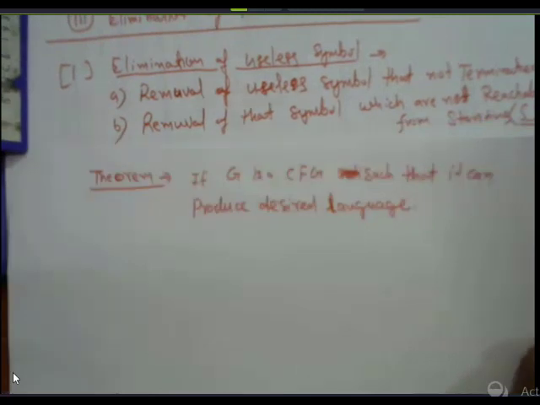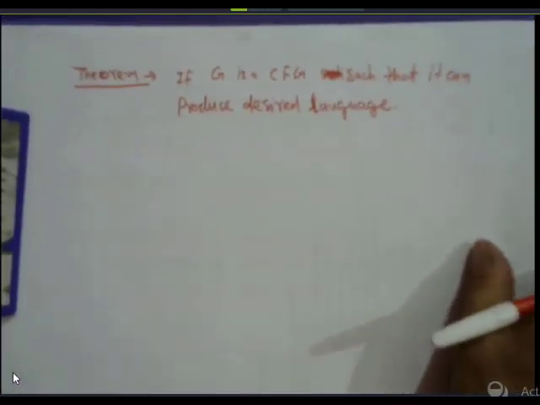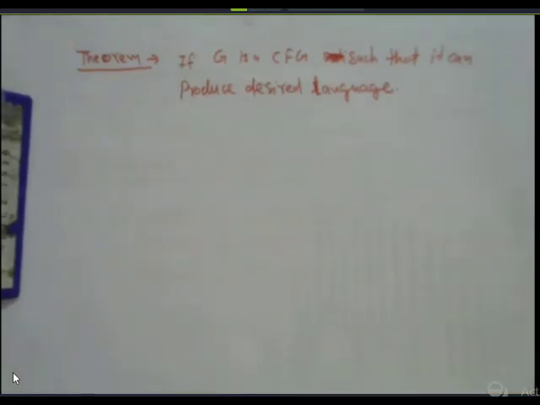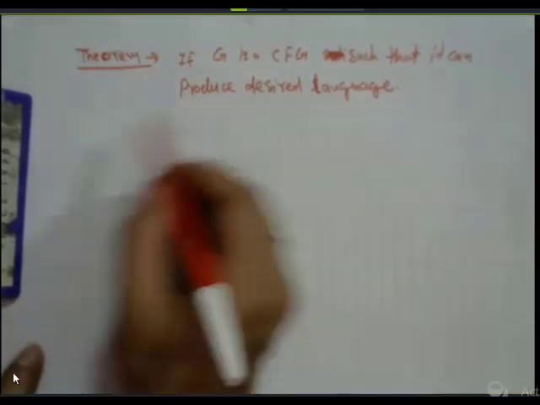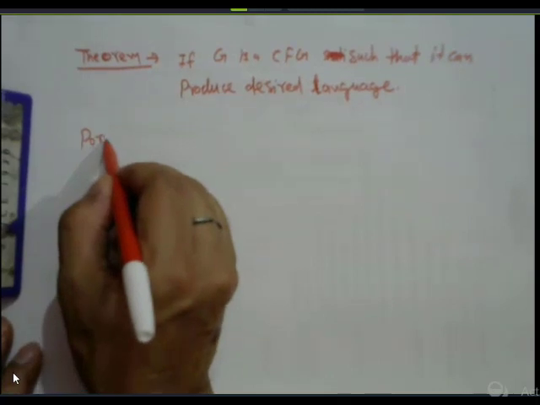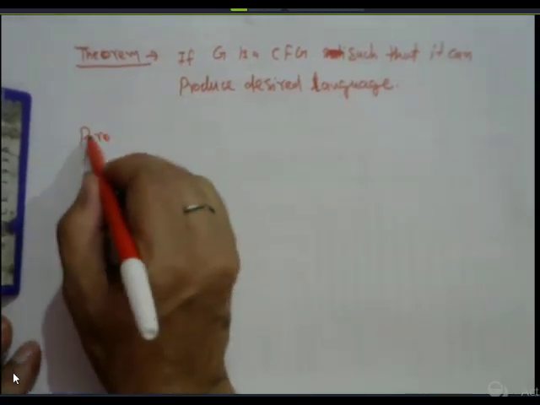Now then, how can we simplify the algorithms from the simplification of CFG? We can prove that. How to prove it?